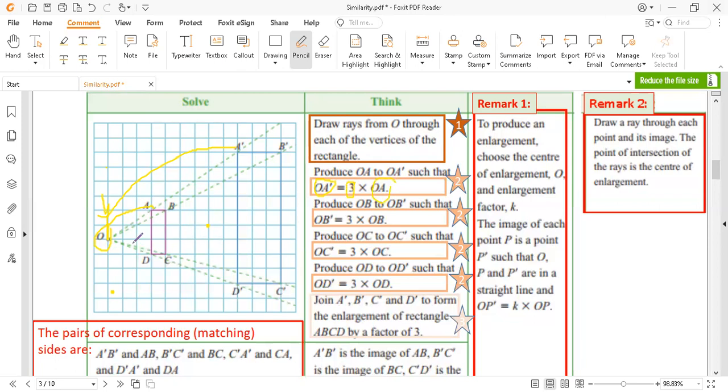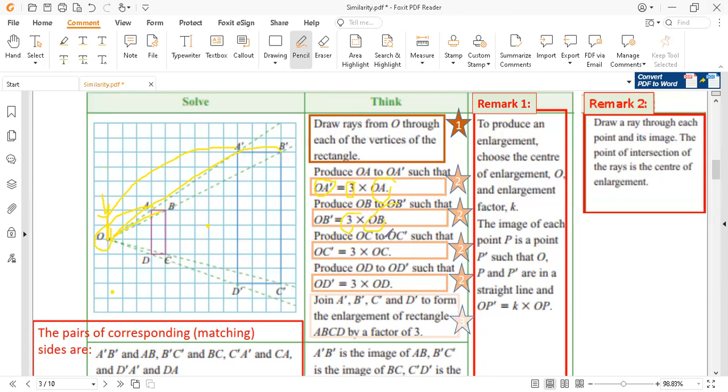Similarly, for the other vertices B, C, and D, we draw the ray OB and stretch it. We measure OB, then we obtain OB prime by using the relation OB prime equals the scale factor 3 times OB.